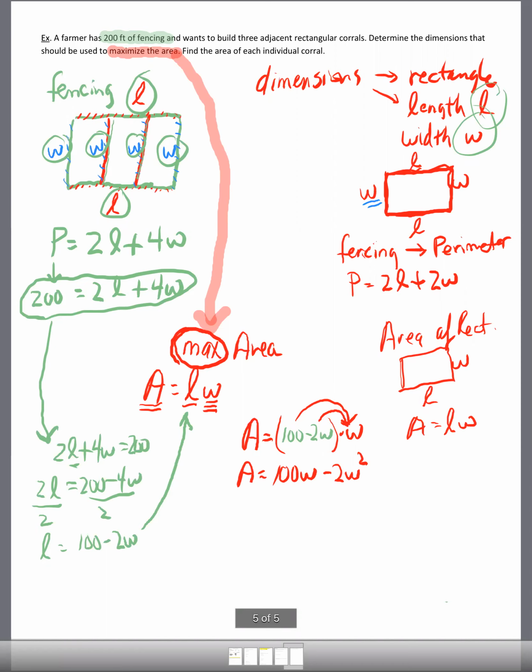When do maximums occur? When the graph goes upside down. Will this graph go upside down? Let's rewrite them in descending order. This is negative 2W squared, plus 100W. So since A is equal to negative 2, this graph definitely goes upside down.